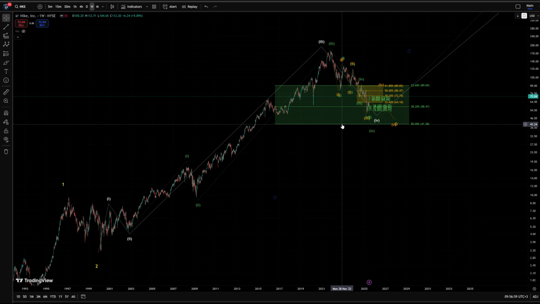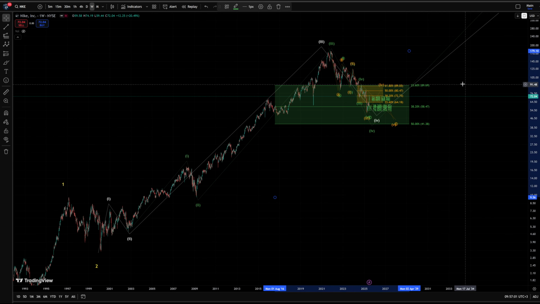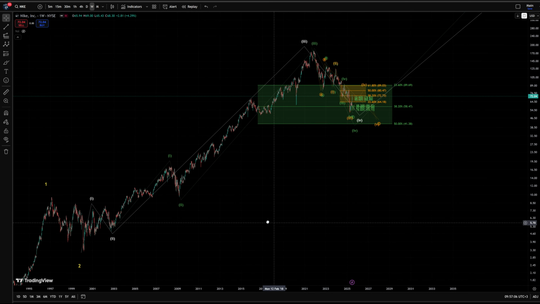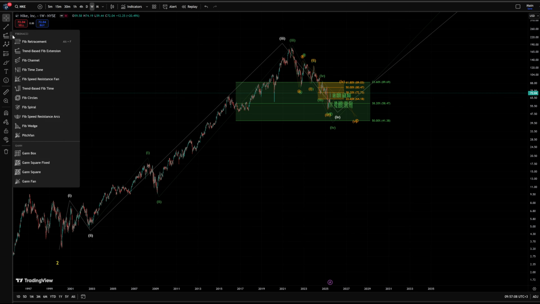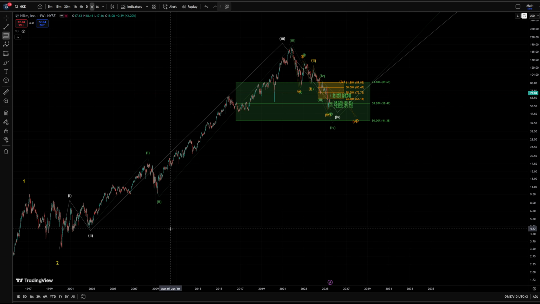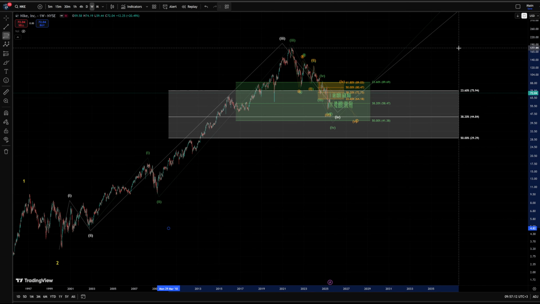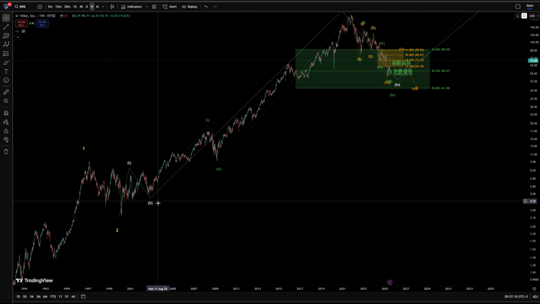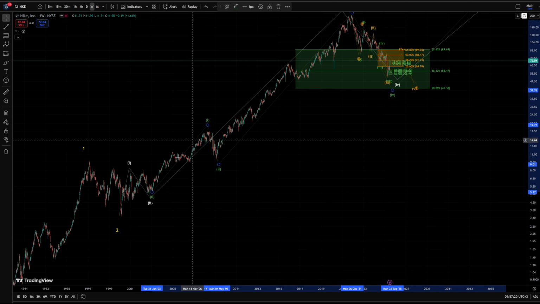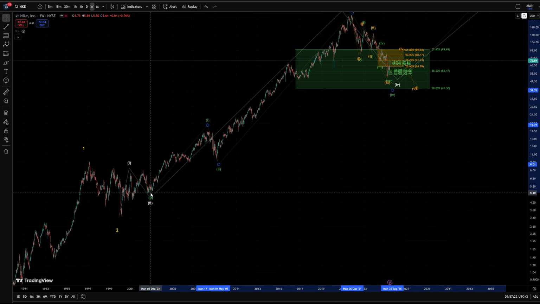So for now, we have the green support zone on the chart between around $90 down to about $41. If the green support zone breaks, then of course we can track the white support zone, which would be from $76 down to $30. And one thing I wanted to mention is that I started this wave 1 in green here.